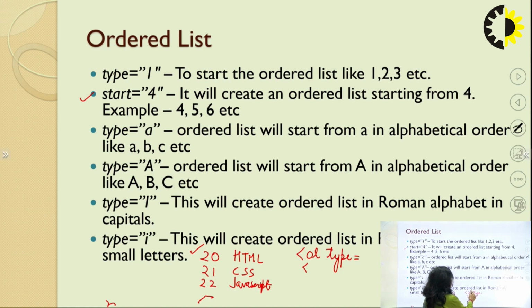Here the OL type is capital I, if we want the data in the form of Roman numbers, first, second and third.